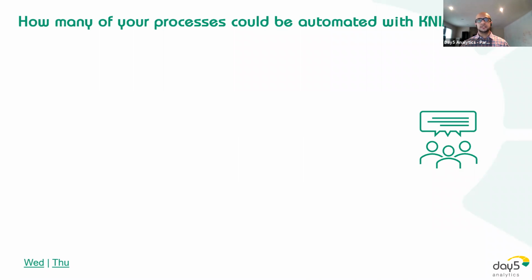So how many of your processes do you believe could be automated with Knime at this point? So if you want to take a second just to do that poll. We've got about 17 responses.